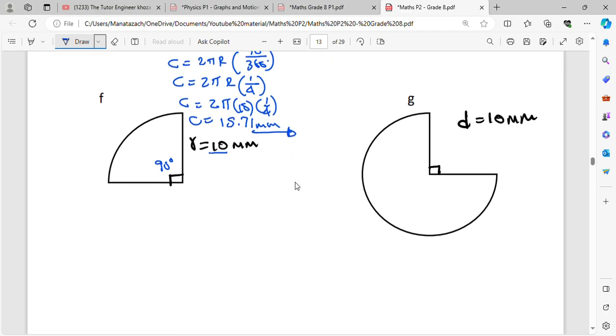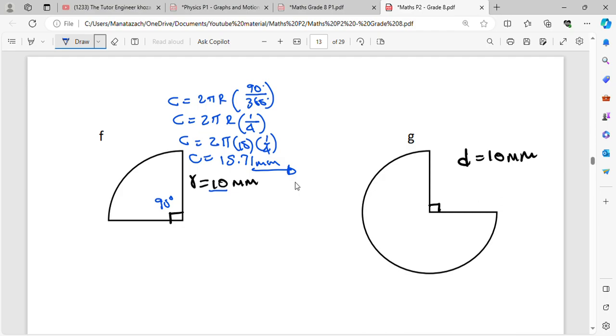And then I think this is the final question, question G. In this case, you have 270 degrees. So the circumference of this particular circle is going to be 2 pi r, and then 270 divided by 360.